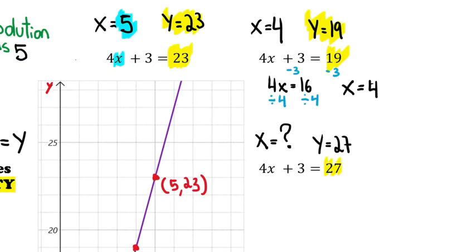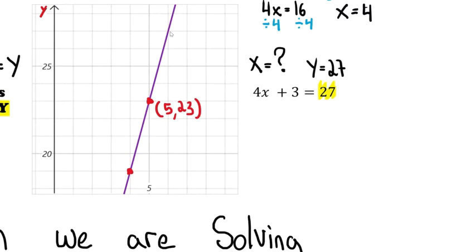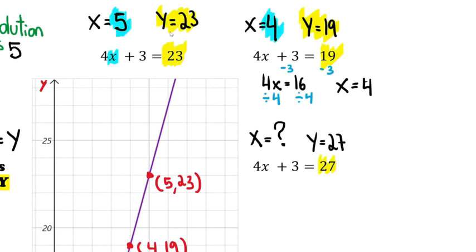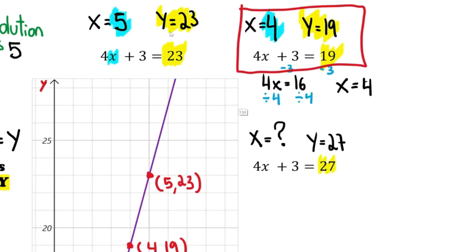Wasn't that what we were looking for earlier? Where x was? Yeah, and as we can see, the point that we have right here is 4, 19. Exactly what the equation gave us right here. How x equals 4 and y equals 19.